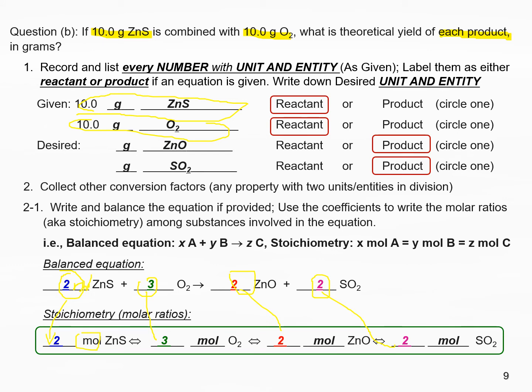By the way, I put the green box around this to let you realize this is our first pool of stoichiometry conversion factors, because we can pick any 2 of these to set up a conversion factor. So if the question wants the zinc oxide from zinc sulfide, we just pick 2 moles of zinc sulfide equals 2 moles of zinc oxide to form a conversion factor. So we can make as many conversion factors using stoichiometry as we want from this pool.